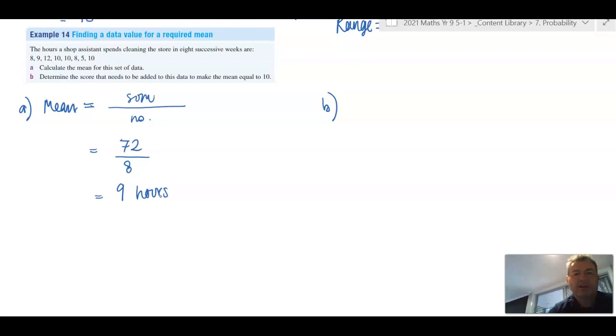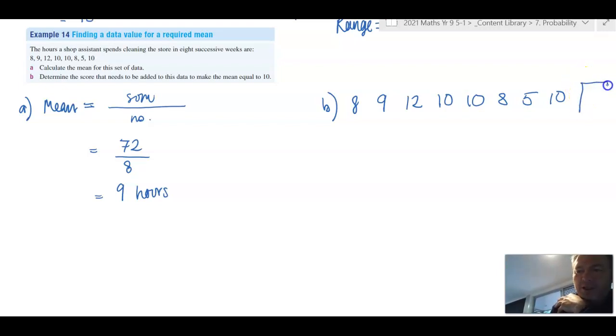Okay, so what this means is, let's write the numbers down. There we go. Okay, so it says determine the score that needs to be added to this data to make the mean equal to 10. Well, what I need to do is add a score here so that the mean becomes 10.